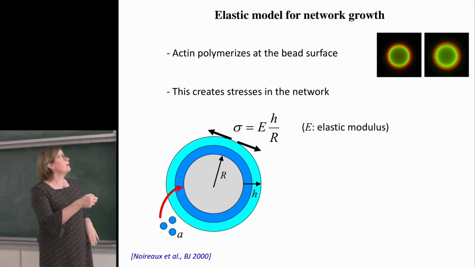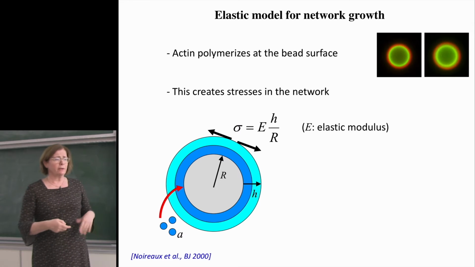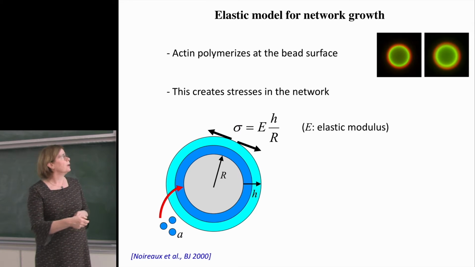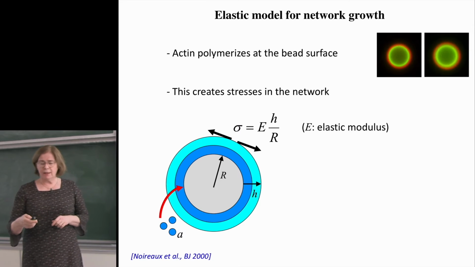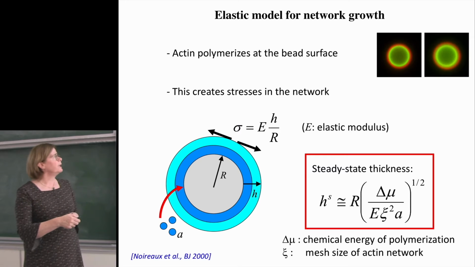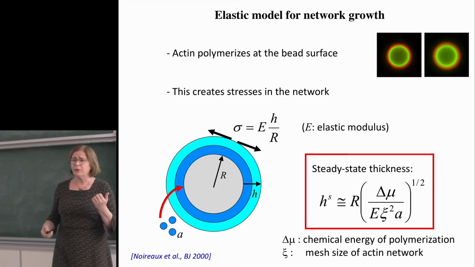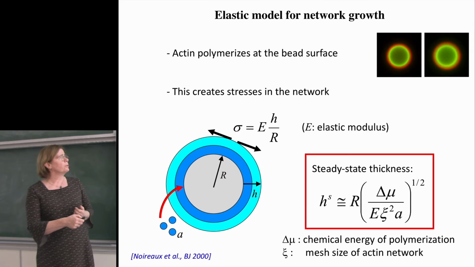And so at the end, you have a tangential stress that is built up during the growth of the network. Here, H is the thickness of the shell, R is the radius of the bead, and E is the elastic modulus. So in fact, if we put in the reaction at the surface, we end up with a steady state thickness that is proportional to the radius of the sphere.